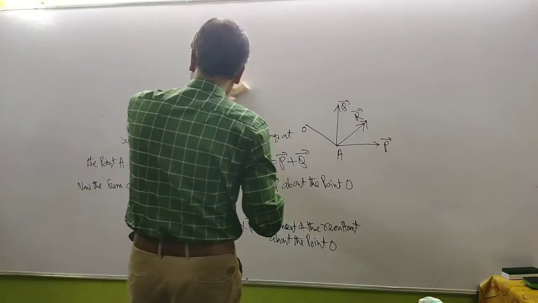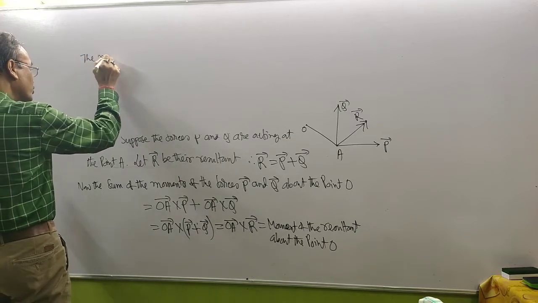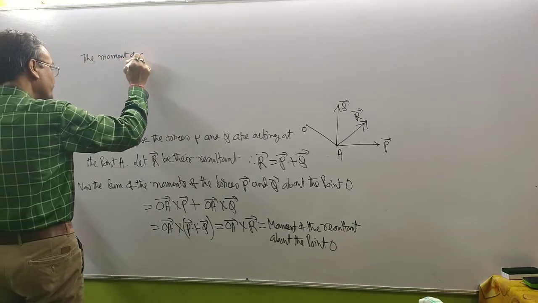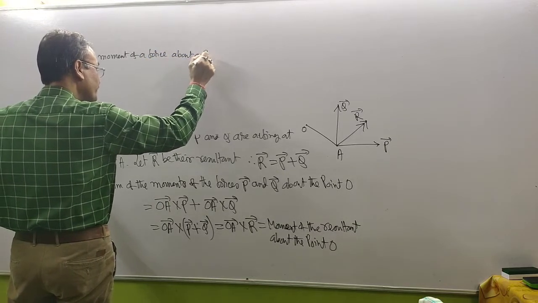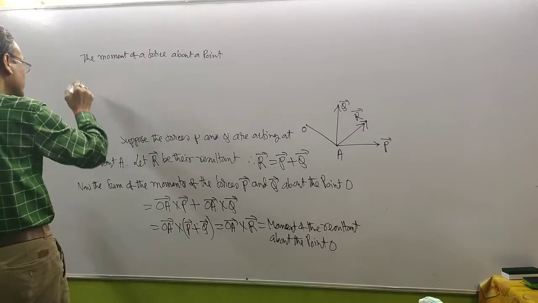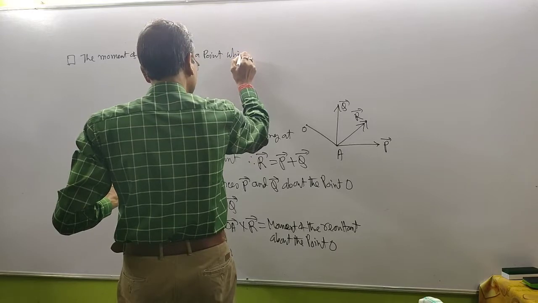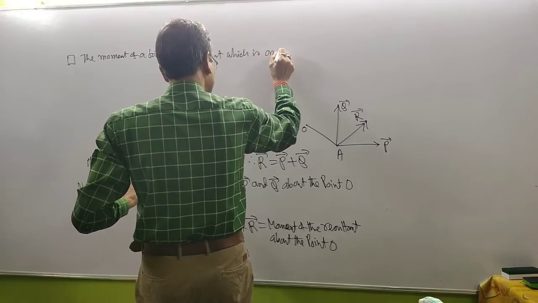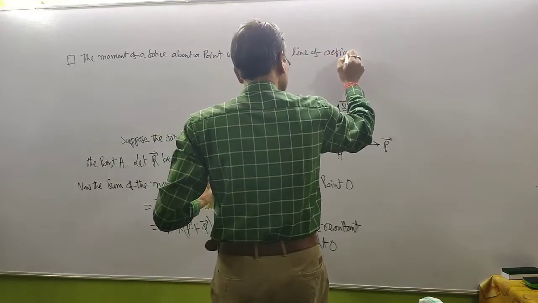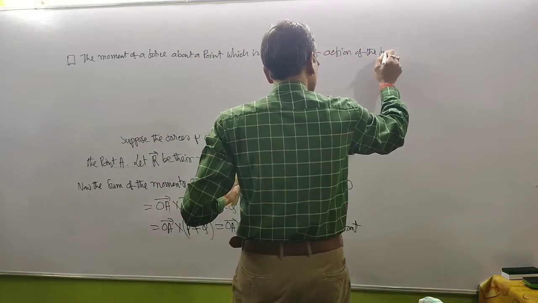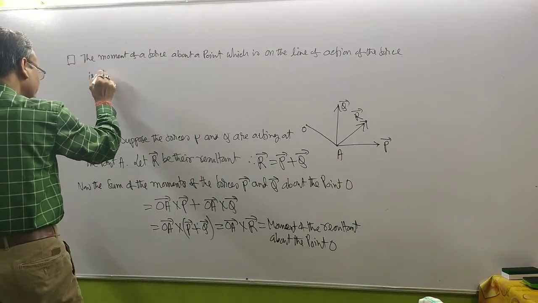Now you see, the moment of a force about a point which is on the line of action of the force is always 0.